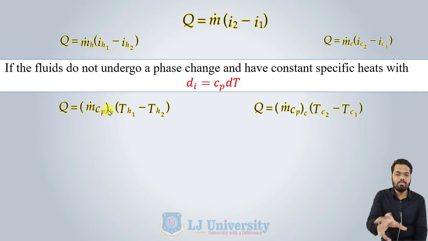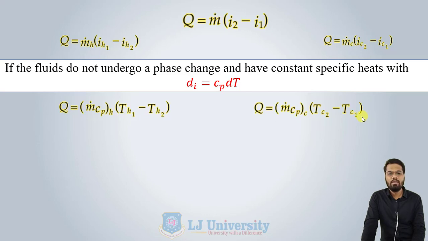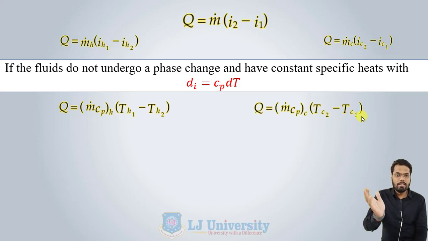So mH CpH, we can write mCp in brackets with suffix H for the hot fluid, times TH1 minus TH2, the temperature at the inlet and the temperature at the outlet. Similarly for the cold fluid, mCp times TC2 minus TC1. In our heat transfer subject, we directly write this equation for the hot fluid and cold fluid. So from the first law, this equation can be derived like this.